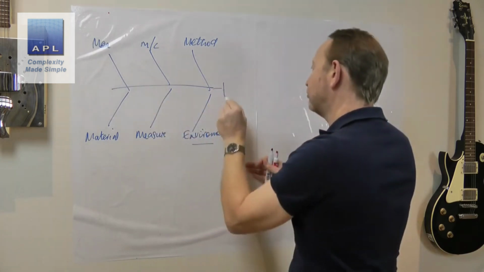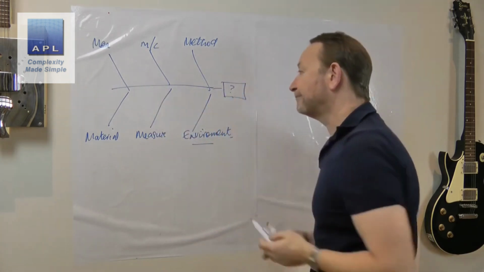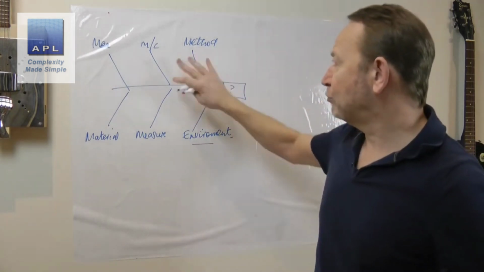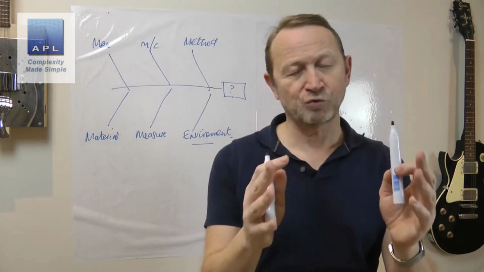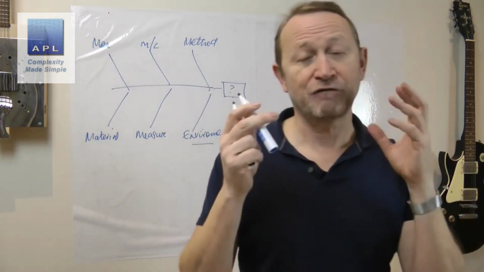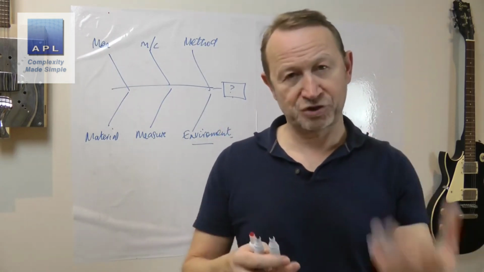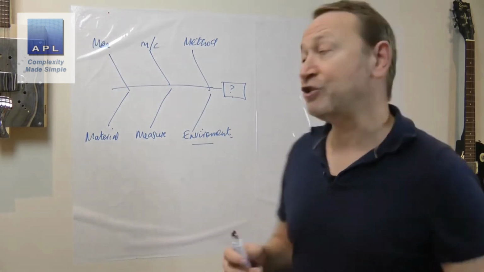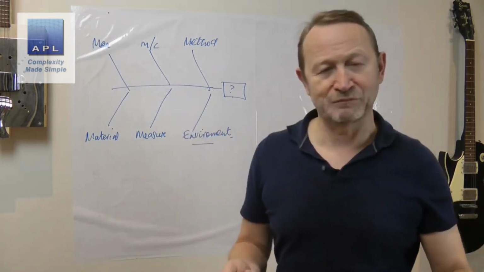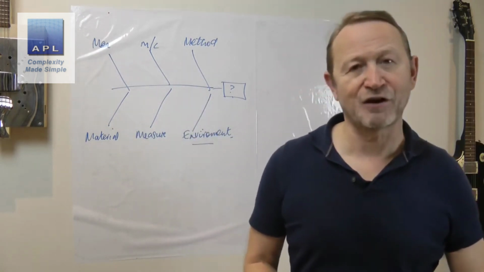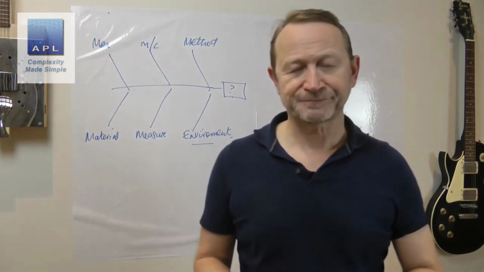What this diagram is always going to be, and of course you've got your effect, your problem that we're trying to deal with here, what your cause and effect diagram is always going to be is a complete picture of all of the inputs to your process. A complete picture. It is not a picture of problems. We are going to put every input variable that we can think of on that diagram.